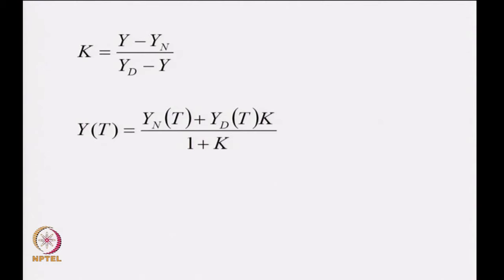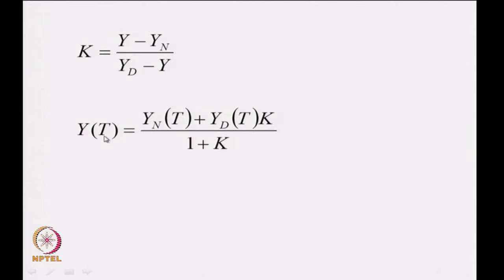K is equal to y minus y n by y d minus y, we just derived, and then remember we are doing this as a function of temperature, hence I can express y in terms of y n, y d and k simply. I am just rearranging this equation, no problem, right. And the only thing I have done is I have put in a temperature T. Why? Because I know I am doing a temperature dependent denaturation or unfolding or transition.